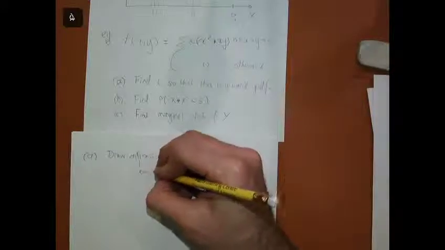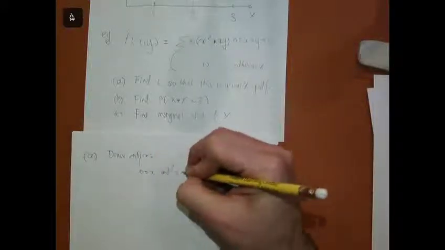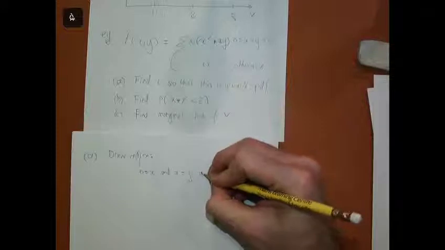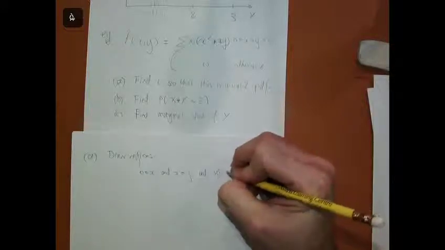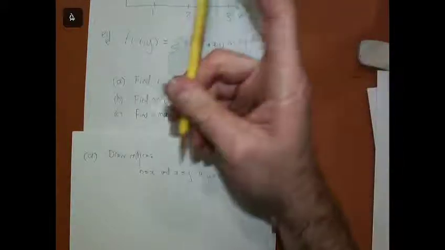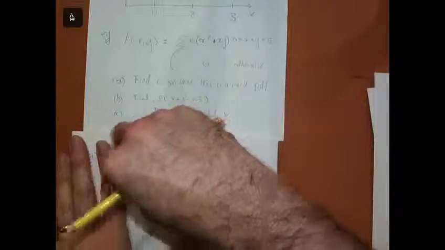Okay, so the region does not rely on this bit, it only relies on this bit here. So let's have a look at that. I have 0 less than or equal to x, and x less than or equal to y, and y less than or equal to 5. And because x is eventually less than 5, I can actually stick that in.